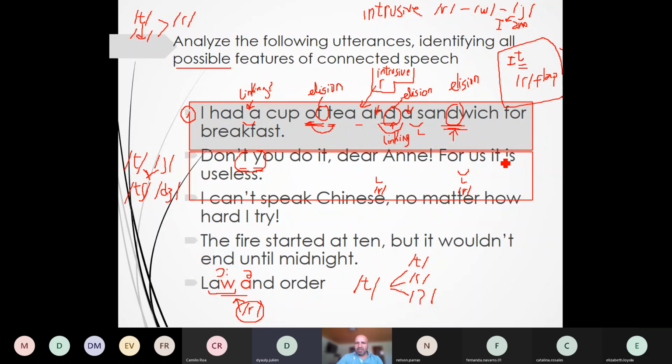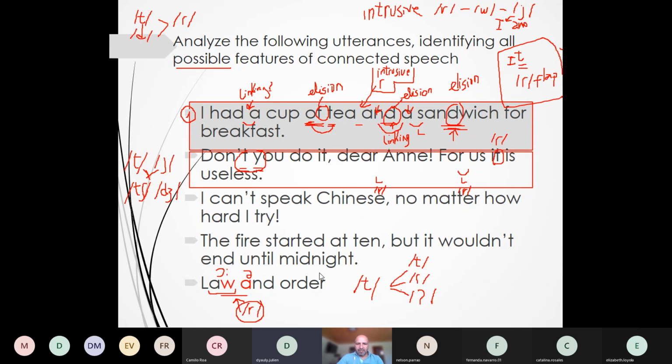We're not replacing another one, like in the case of t, where we're not replacing it with, in this case, a flap to say it is. It's an extra sound, an additional one. Okay, perfect. Makes sense.